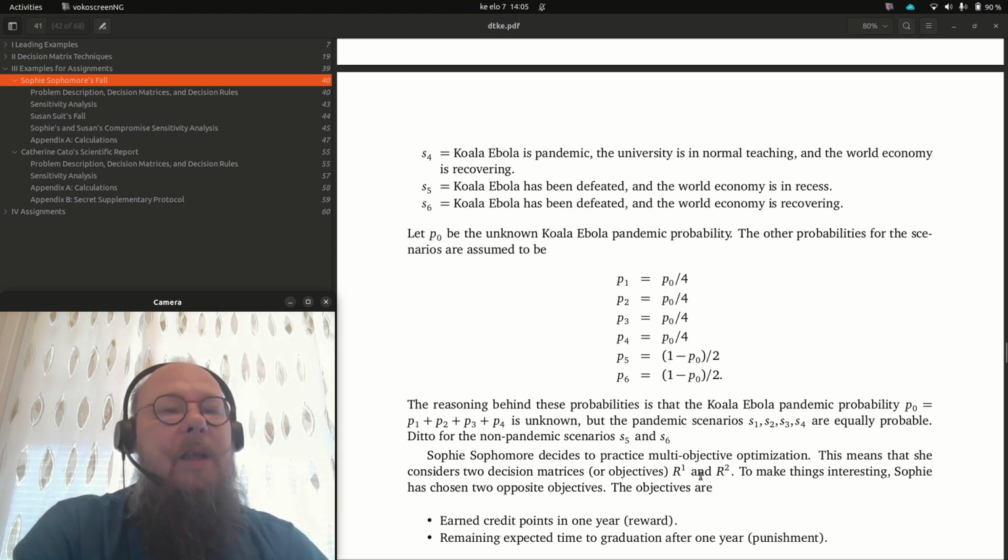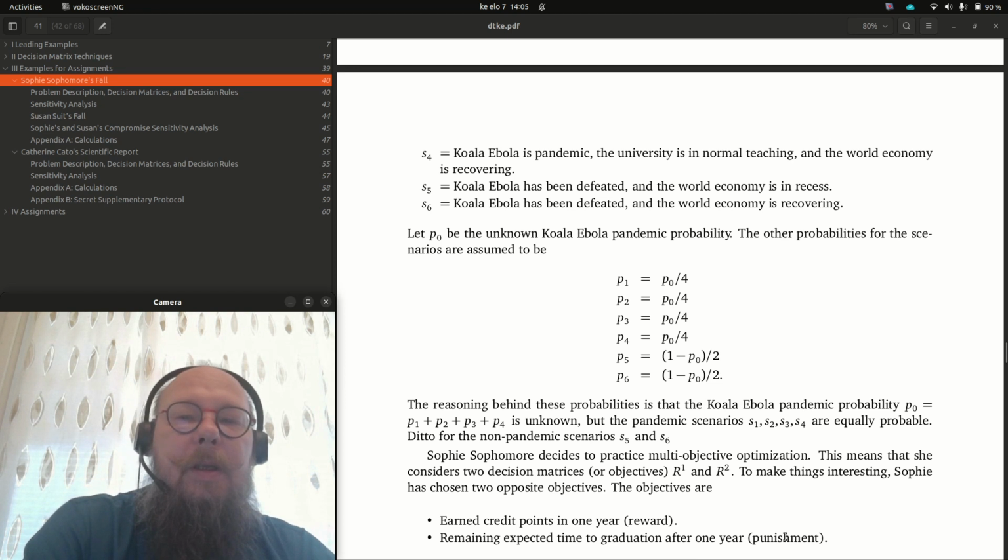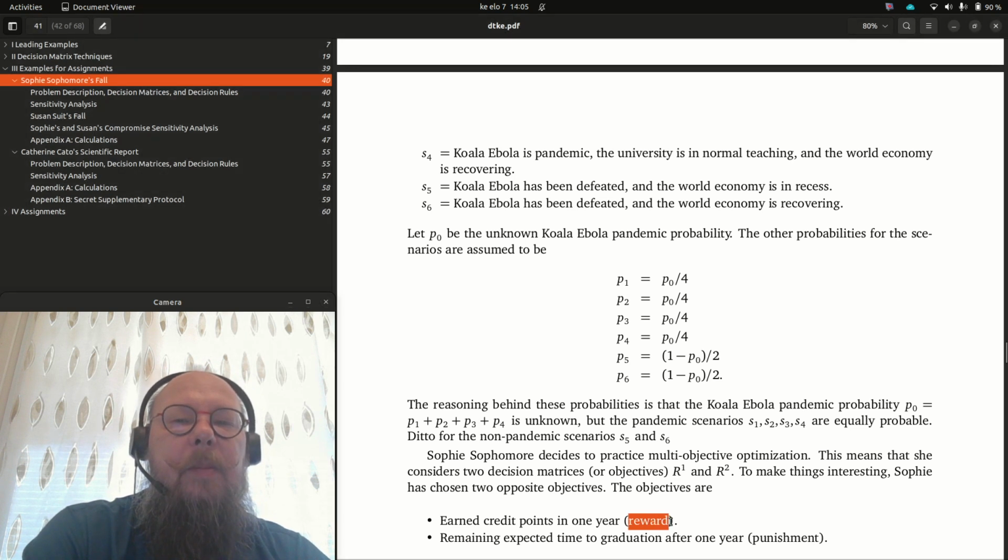And to make things even more interesting, Sophie Sophomore has chosen opposite objectives. So the optimal value of 1 is kind of opposite to the optimal value of 2. And what does it mean? It means that the objectives will be R1 will be earn credit points in 1 year, so that this is a maximization type, that's the reward.